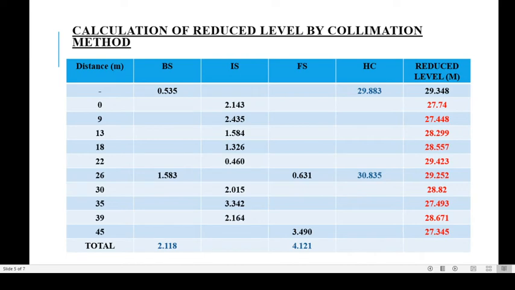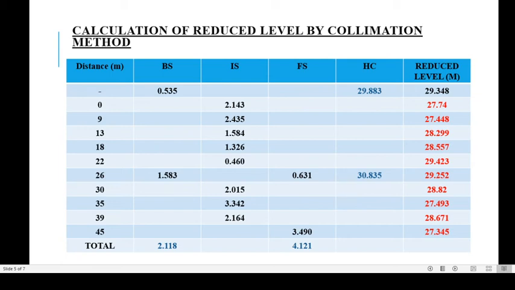And the next change point is where the BS is 1.583 and FS is 0.631. We have the BS value, so we just need to subtract 0.631 from 29.883 and we will get 29.252.